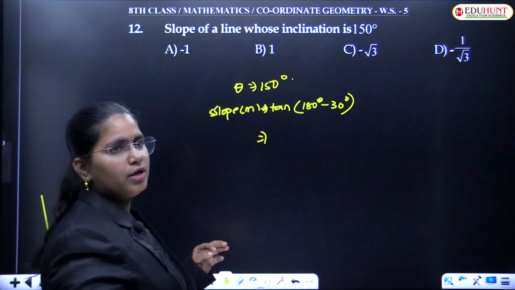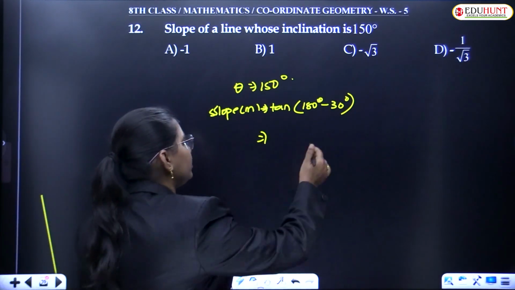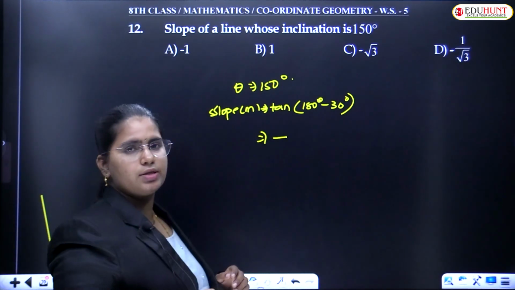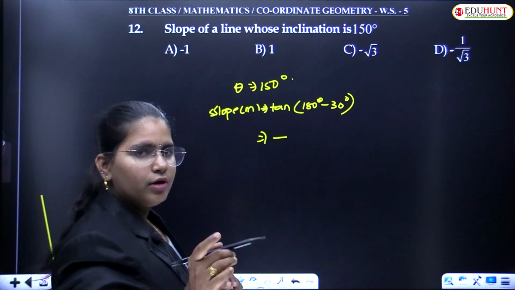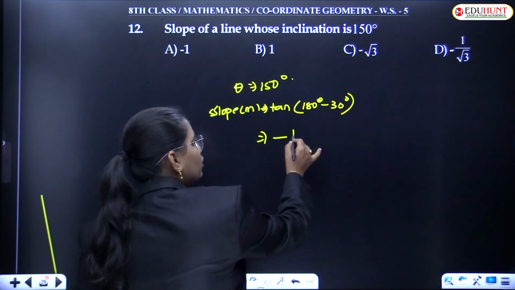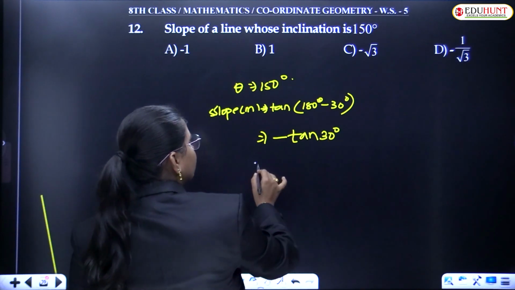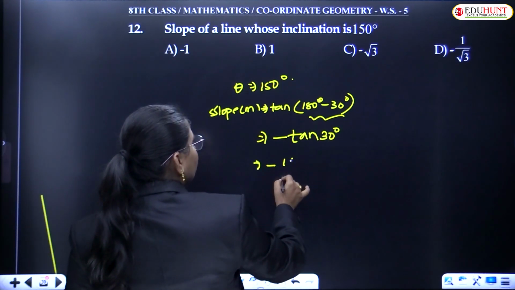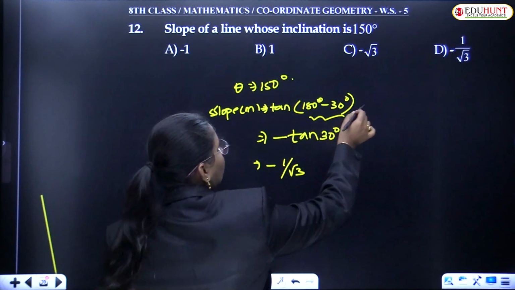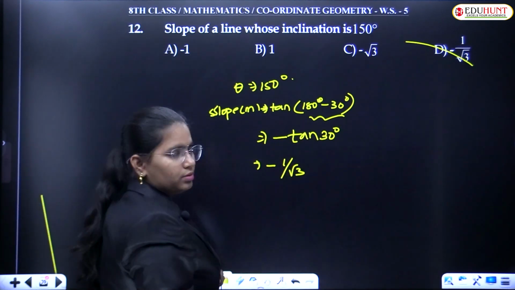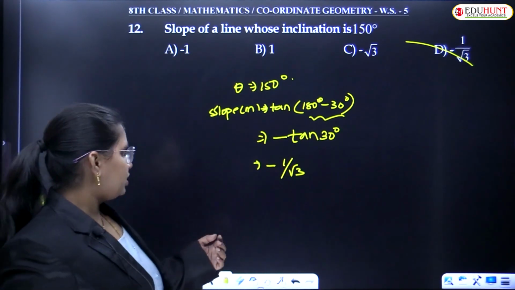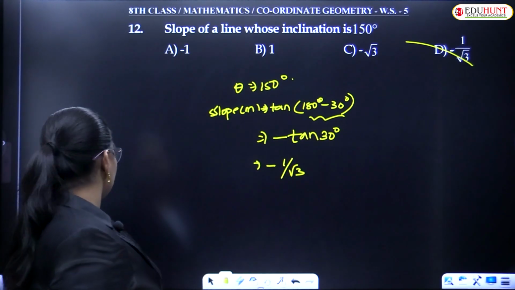As usual, in the last problem only I told you it belongs to the second quadrant, so it is becoming negative. The tan trigonometric function will not change. It will be tan only. This is 30 degrees. What is minus tan 30? Which is minus 1 by root 3. Option D will be your answer. It's very simple. All the problems are quite similar.